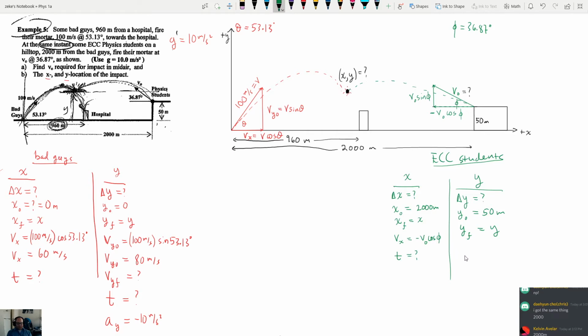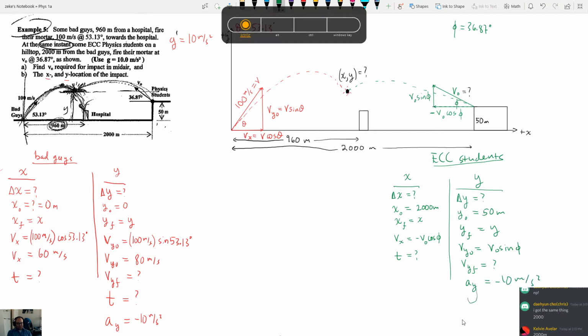And then we've got vy initial, which is going to be positive v naught sine theta, or sine phi, sorry. This guy right here. Vy final, we don't know that one. We don't really care about it. Acceleration in the y direction is also negative 10. And time, which we don't know.